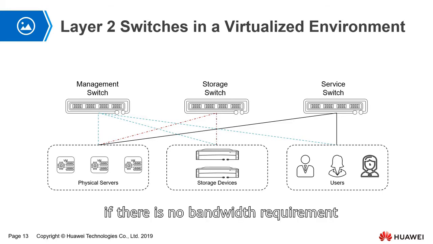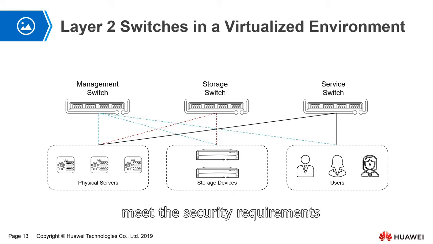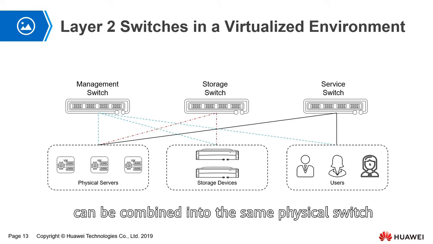Of course, if there is no bandwidth requirement and the security requirements are not very high, the VLAN is enough to meet the security requirements. My storage switch, service switch, and management switch can be combined into the same physical switch.